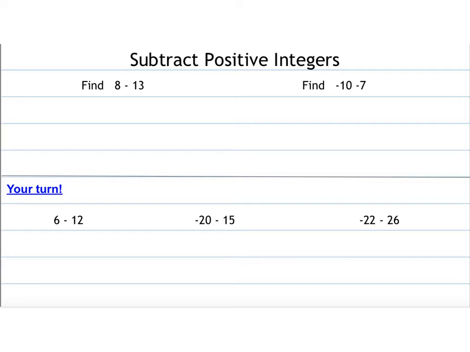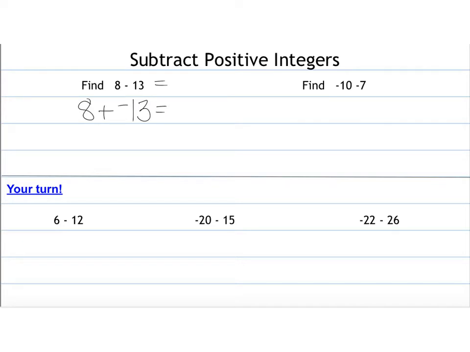8 minus 13. This is the cool thing about subtracting integers. We make it an addition problem, and then we already know how to add integers, so then we just go from there. I keep my first number, 8, I change it to an addition, and then I add the opposite, which is negative 13.